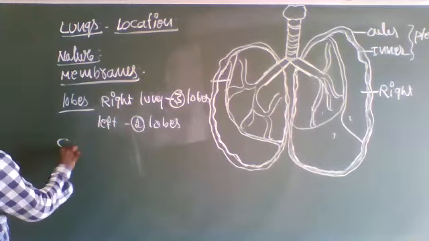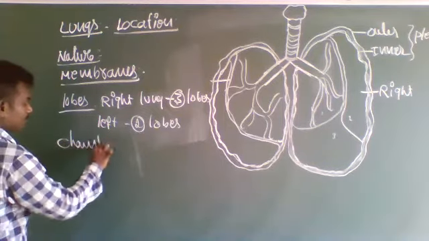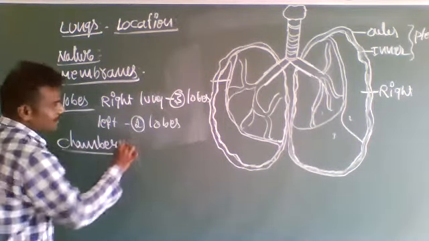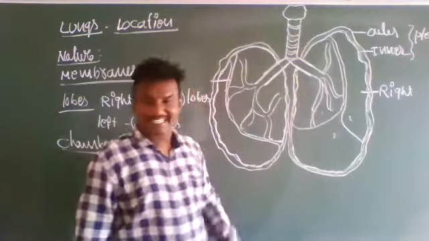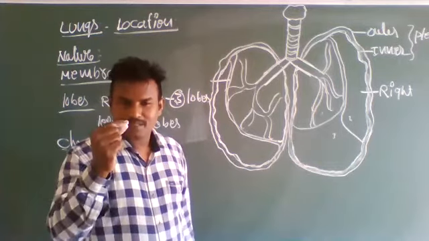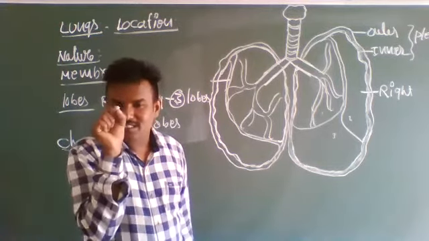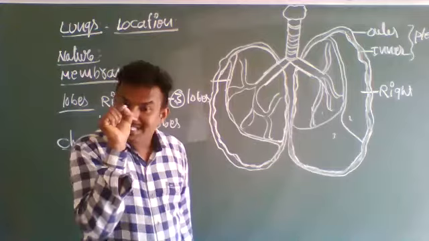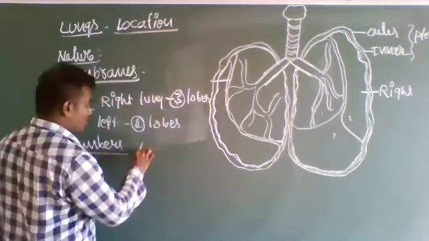Next, chambers. See, this is the lung. The lung consists of several thousands of small chambers. Those chambers are called alveoli.